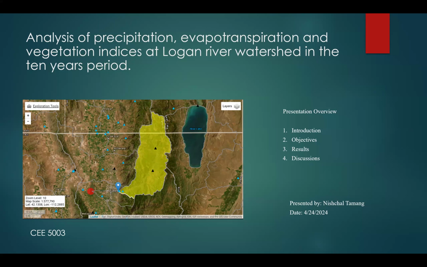Okay, my project is trying to find out the precipitation, evapotranspiration, and vegetation indices like NDVI and EVI, especially focusing on the Logan River watershed over a 10-year period, just to know the condition of the vegetation over there.